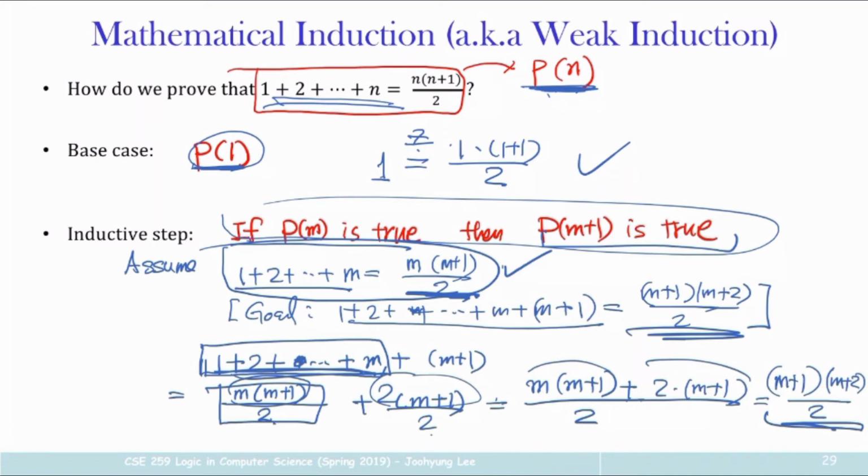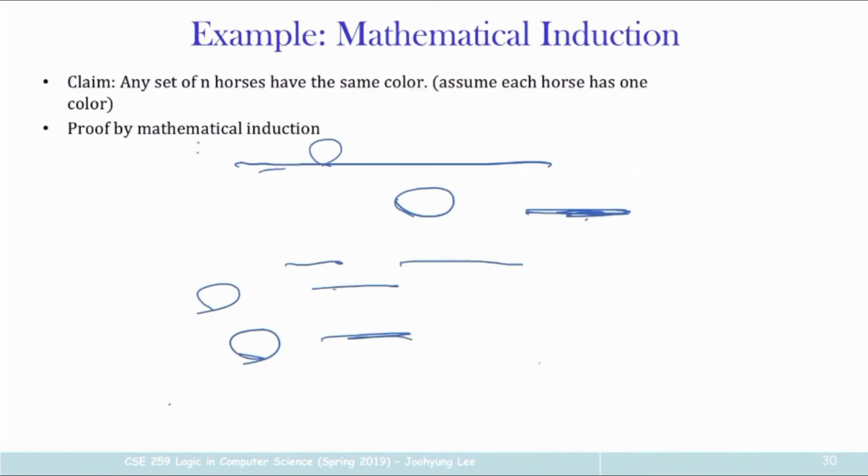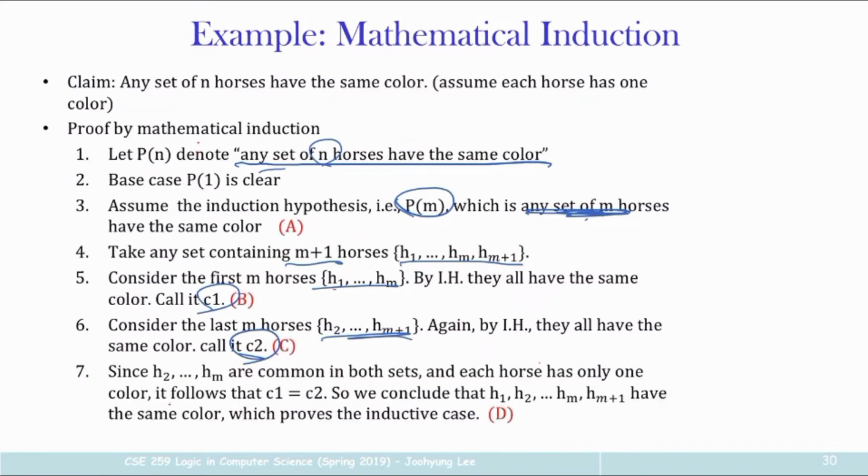You can assume the induction hypothesis is true, and then using sound reasoning prove the next case, and then you can say that this property holds for all values of M. And the proof here follows the same structure. It proves the base case, P of 1, and it assumes the induction hypothesis, and then proves this. So line 3 is actually okay.